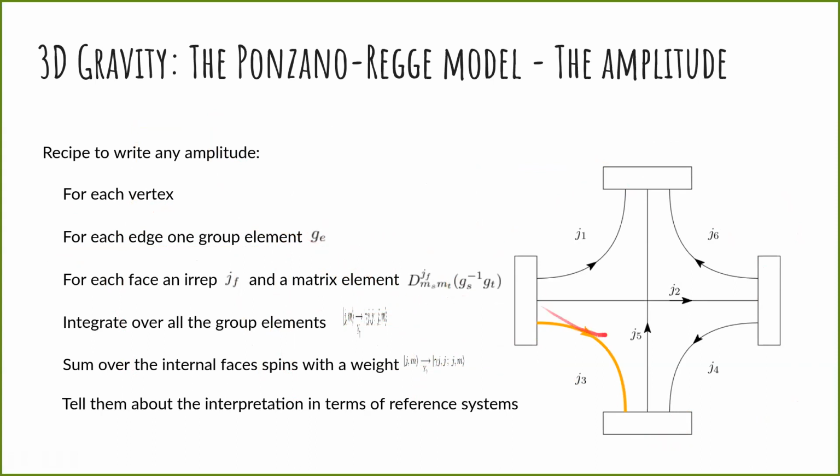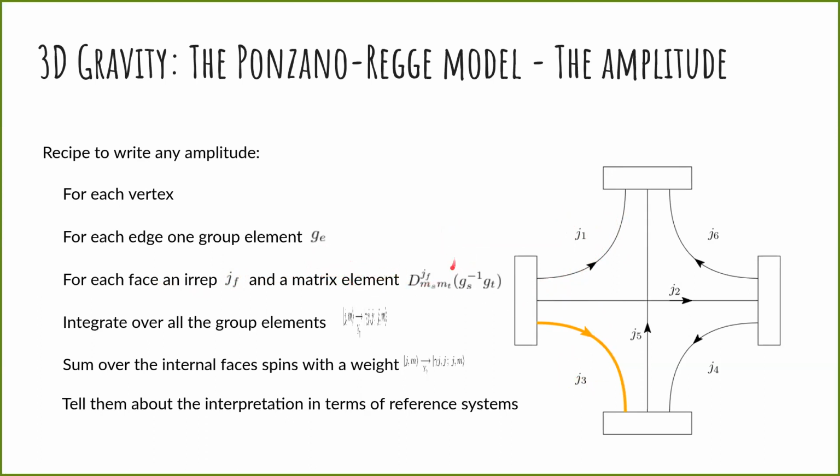So there's a group element at each edge, and for each face, so for each wire, you associate an SU(2) irrep, so a spin. So these are the spins.